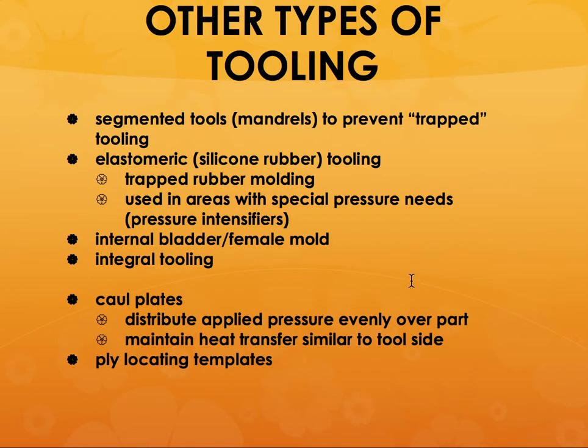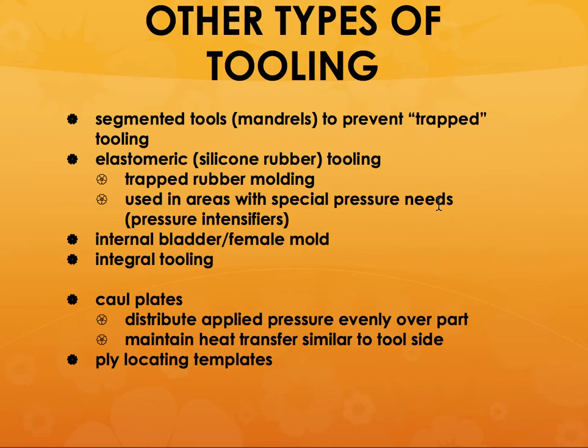The other types of tooling are what are called segmented tools or mandrels to prevent trap tooling. You have elastomeric tooling, like for example, the tooling for turbine blades for windmills, as I said to you earlier, or you can have areas where you have special pressure needs.